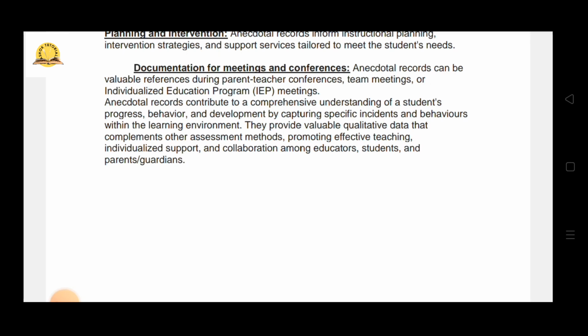Anecdotal records contribute to a comprehensive understanding of a student's progress, behavior, and development by capturing specific incident behaviors within the learning environment. They provide valuable qualitative data that complement other assessment methods in promoting effective teaching, individualized support, and collaboration among teachers.